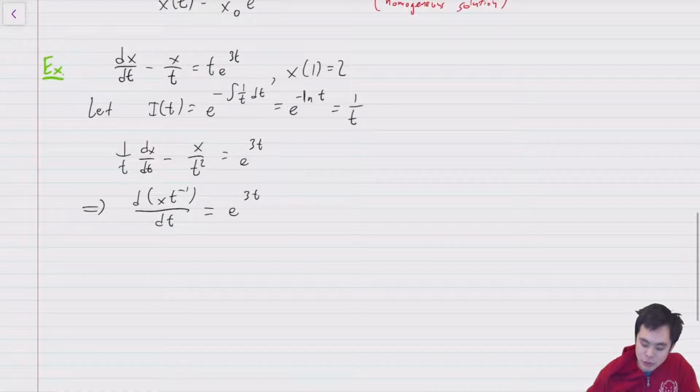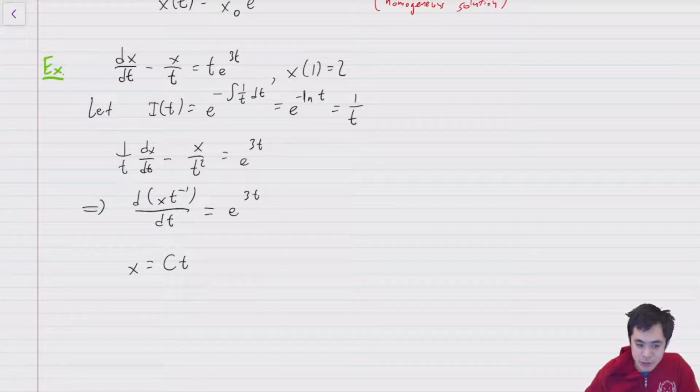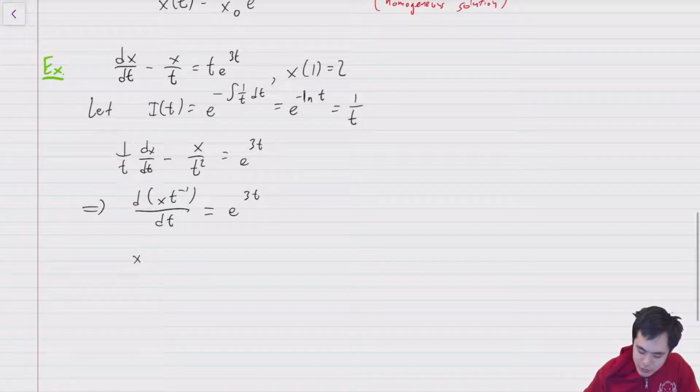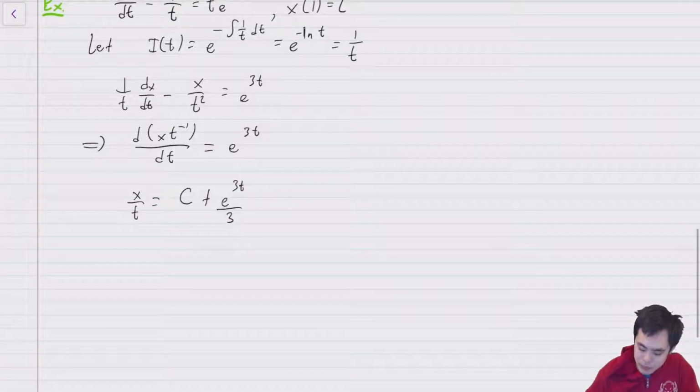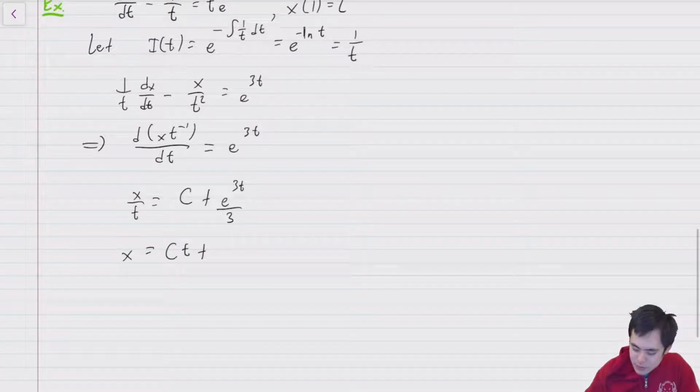If you take the integral of both sides, you end up with x over t is equal to some constant plus e to the 3t over 3, because you're taking the integral. And so therefore, x is equal to ct plus t e to the 3t over 3.